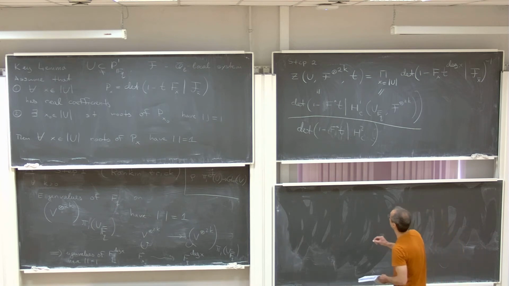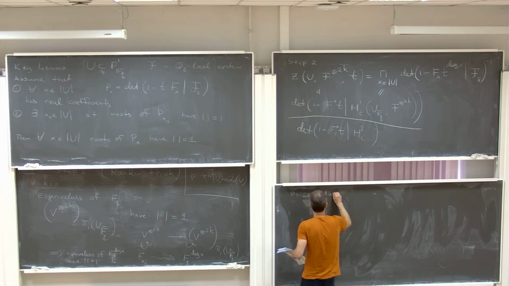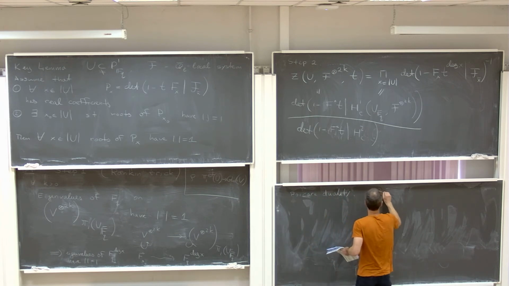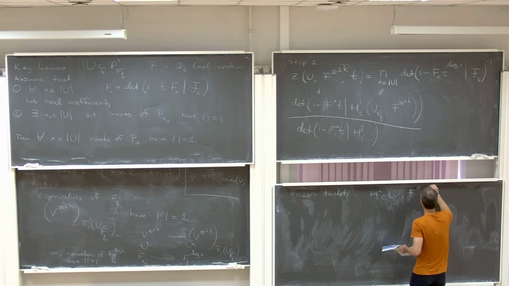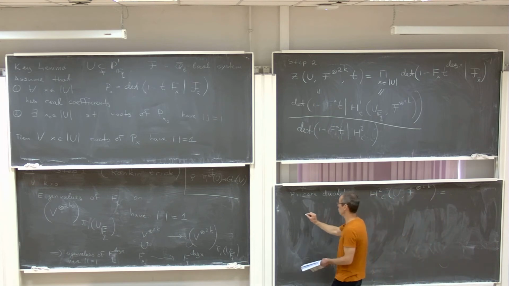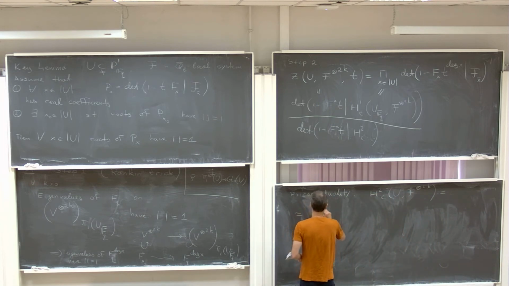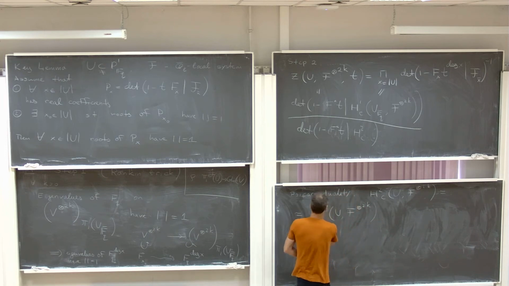Okay, so now Poincare duality for curves implies that H2 with compact support of U with coefficients in F to the power 2k is dual to H0 without compact support of U with coefficients in the dual of F, tensor power 2k.